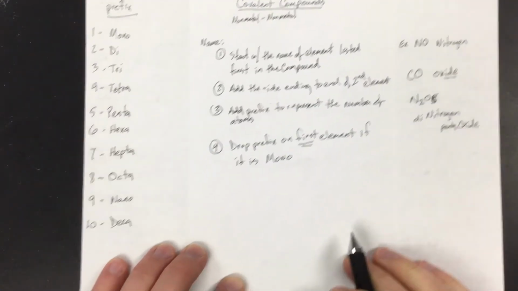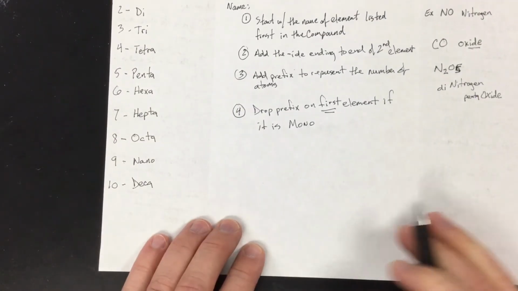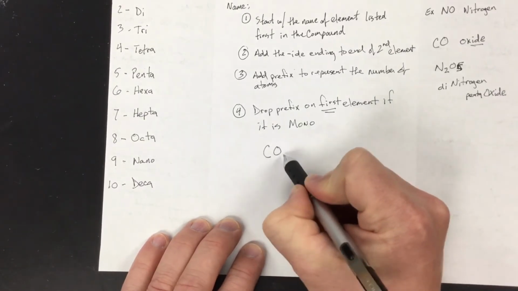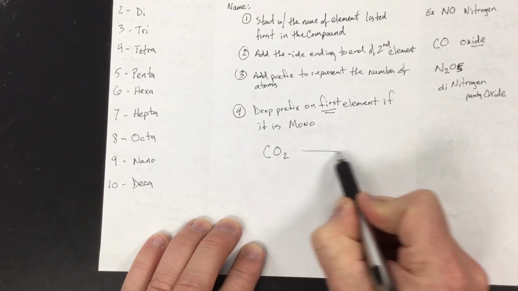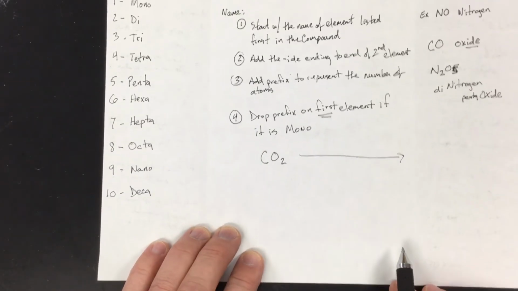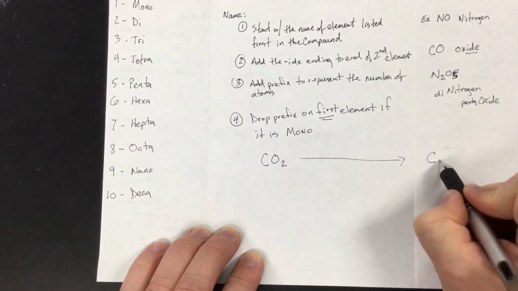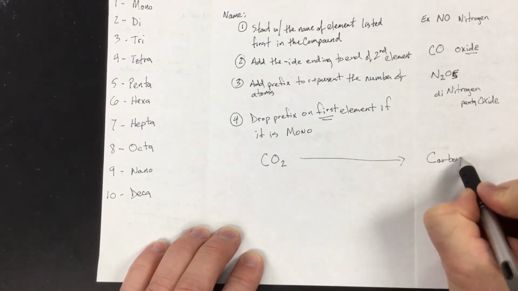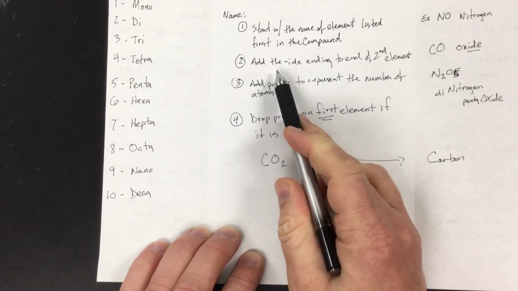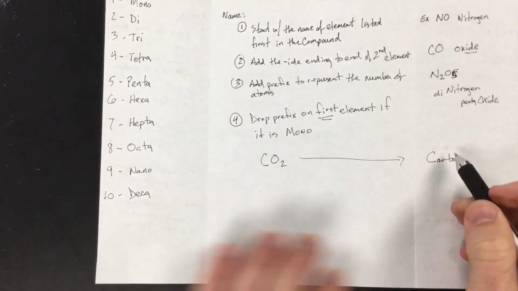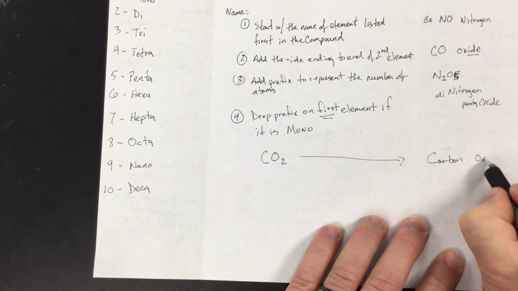So, here are some examples. We use this space down here for our examples. I know this video is getting a little long, so we're going to go a little quicker here. CO2. There's no metals. No metals whatsoever. So we apply rule number 1, which is the name of the first element, carbon. Unchanged. Rule for the second element: it's a non-metal, and so we're going to change oxygen to oxide.